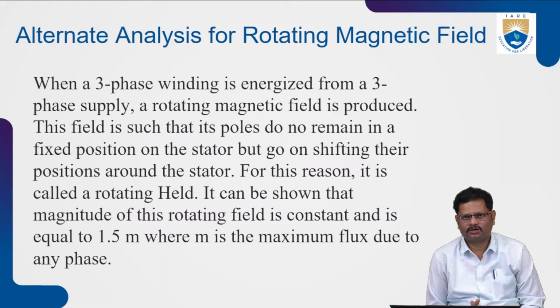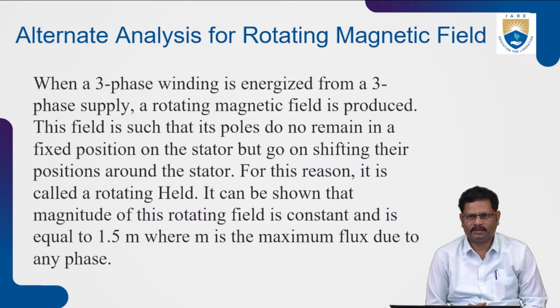The magnetic fields are of three types: pulsating magnetic field, rotating magnetic field, and constant magnetic field. The magnitude of this rotating field is constant, and it is equal to 1.5 times the maximum flux.